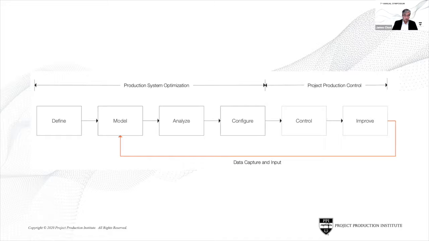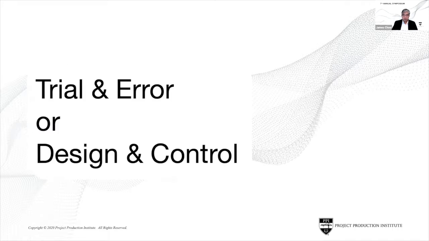So one of the things we've seen, and I think Todd brought it up a little bit earlier, is that you have a choice. You can take the approach of trial and error, right? And we see a lot of that in the industry. When we watch the trial and error, they say, well, we're doing continuous improvement.